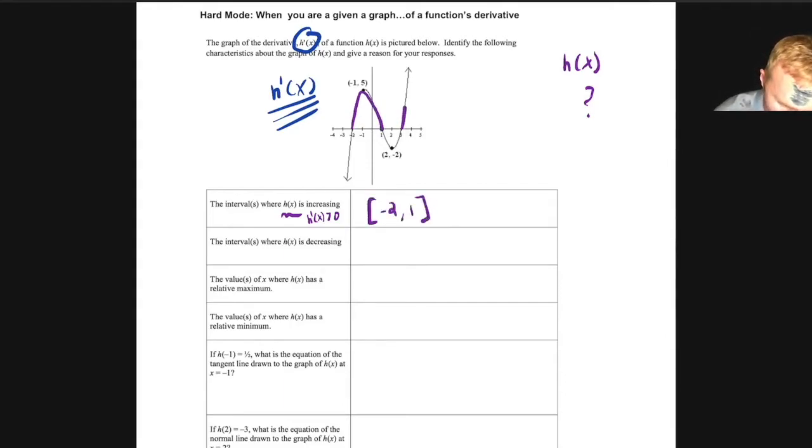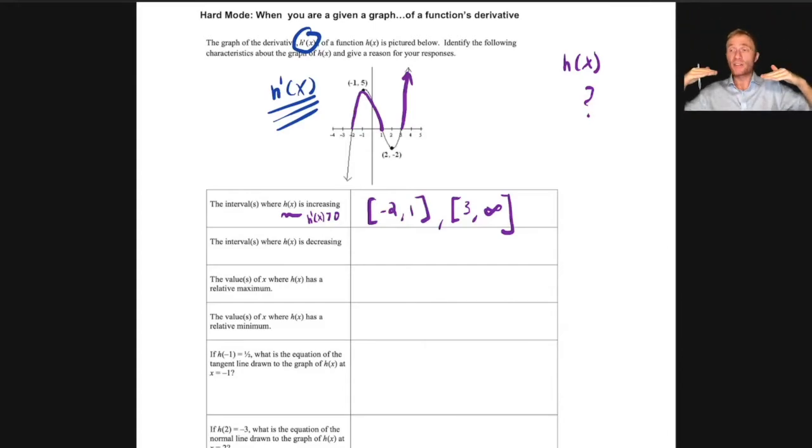And it's also going to happen from 3 to infinity. Again, infinity there means to the right. It happens to be going up, but that means to the right. Those are the sets of points where h prime is above 0, above the x-axis. That means my h of x function that I can't see is increasing.